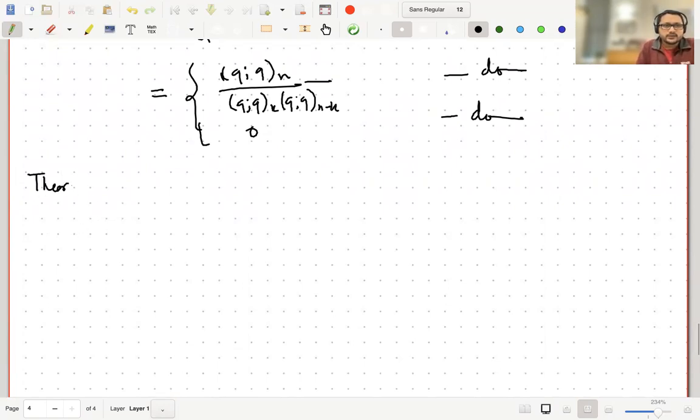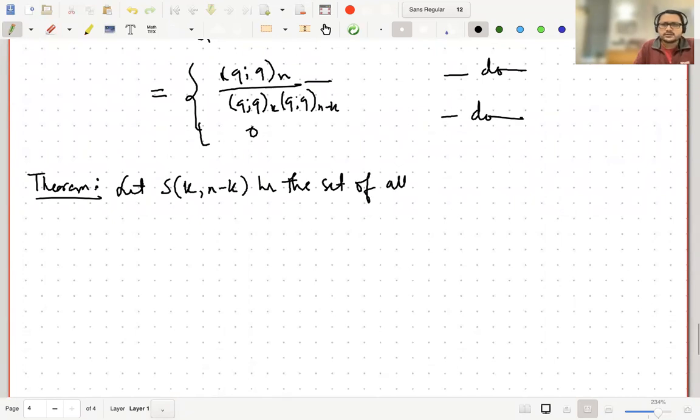And from here we get a theorem. Well, not from here, but there is a theorem which says: let S(k, n-k) be the set of all sequences defined above, which were sequences of length n with k zeros and n - k ones.